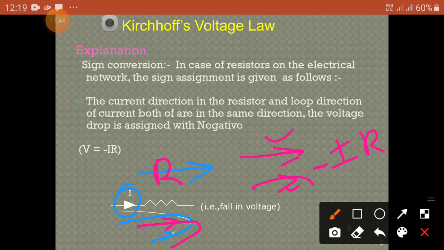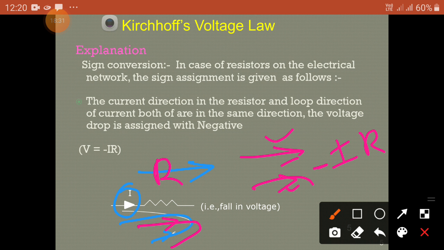Then, after marking the plus and minus values in a closed circuit, assume the loop in one direction, for simplification, whether clockwise or anti-clockwise. If the assumed loop direction and the current in the resistor are both in the same direction, then that drop should be taken as negative.